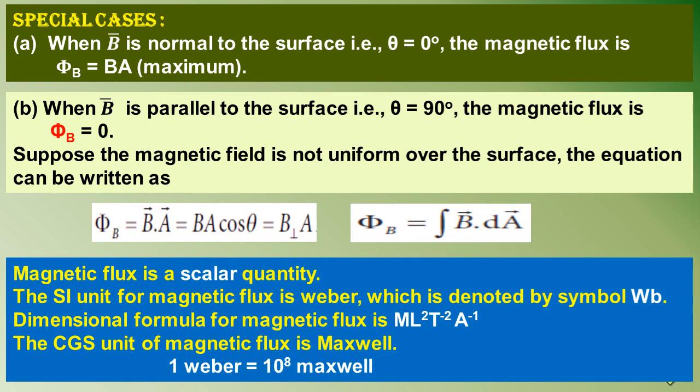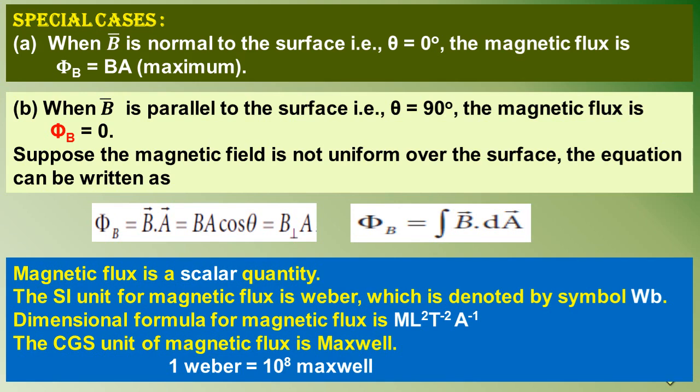Magnetic flux is a scalar quantity because it does not have any direction. The SI unit of magnetic flux is Weber, denoted by the symbol Wb. The dimensional formula for magnetic flux is M L^2 T^-2 A^-1. The CGS unit of magnetic flux is Maxwell.